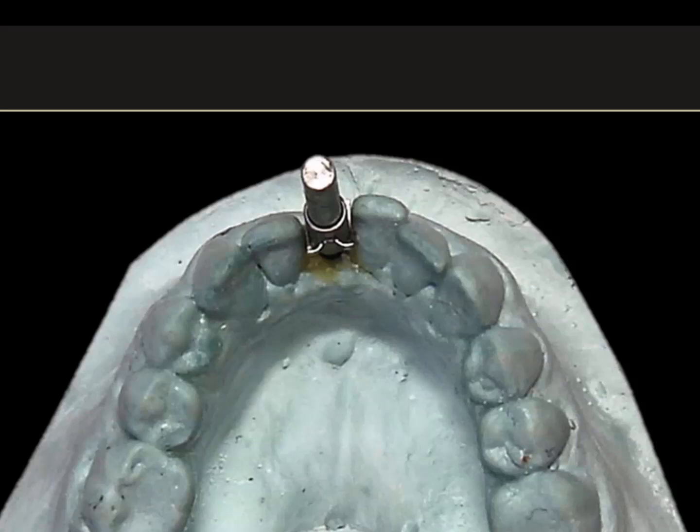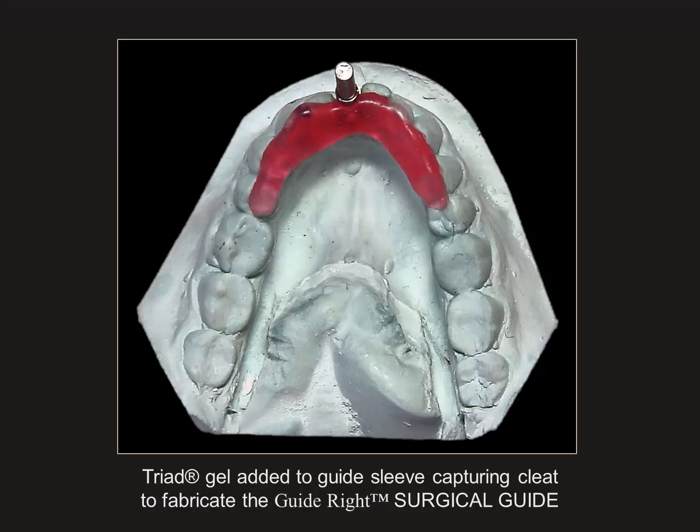A 3 mm guide sleeve is placed on top of the 3 mm top part of the two-piece guidepost. Triad gel is used to form the surgical guide by adding it to the adjacent teeth, both the lingual and occlusal view, and the cleats on the guide sleeve.